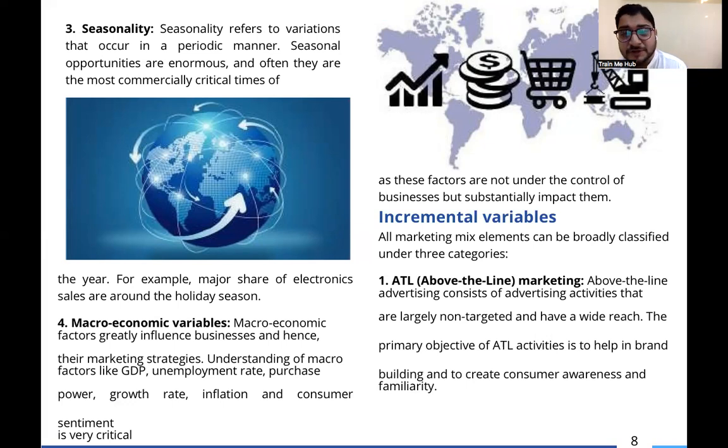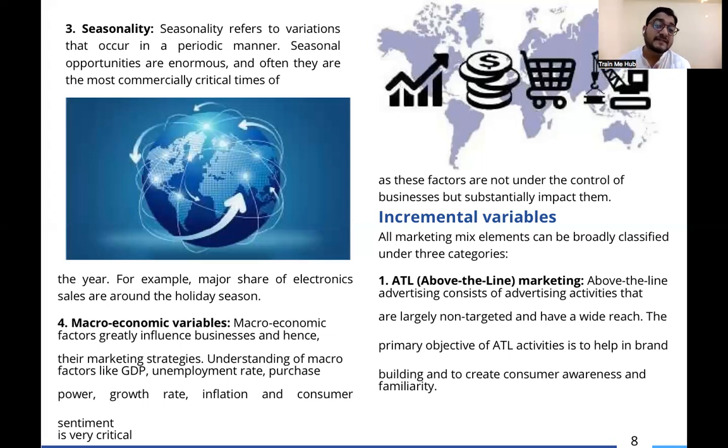A best example, if you're from India, is Diwali and Dussehra, when a lot of sales happen because it's a season time and people try to buy a lot of stuff. If you're based in the western part of the world, then you will have Thanksgiving and Christmas Eve, where people try to buy, and this is what the seasonal factor is all about.